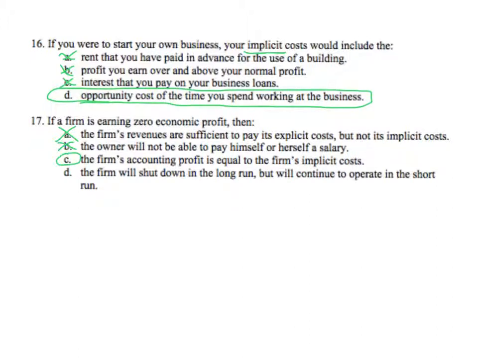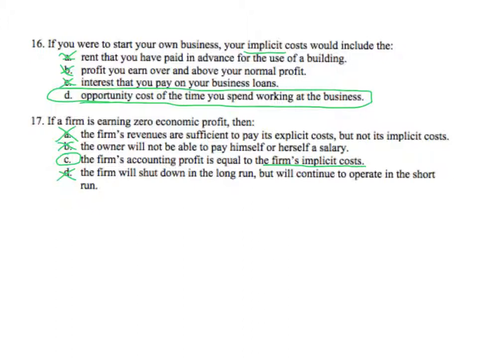Let's come back to that. The firm will shut down in the long run, but will continue to operate. If a firm's earning zero economic profit, that means it's doing just as well as it would be doing in its next best opportunity. So there's no incentive to leave. So the firm's accounting profit is equal to its implicit cost. That's going to be true.